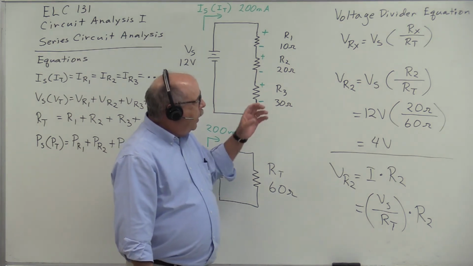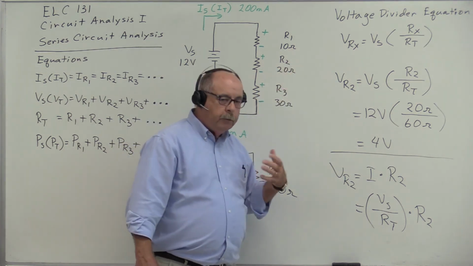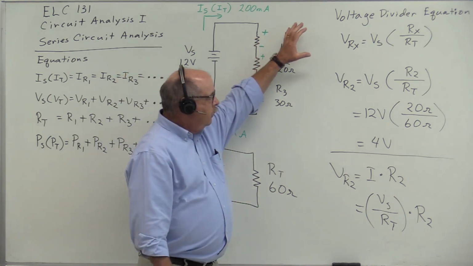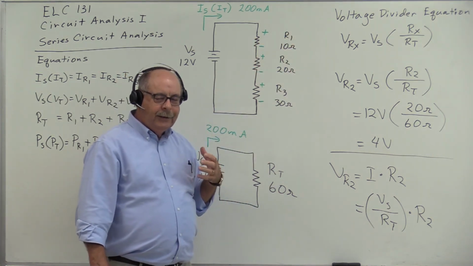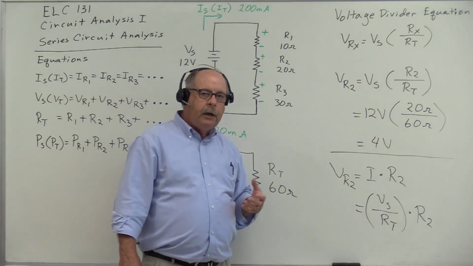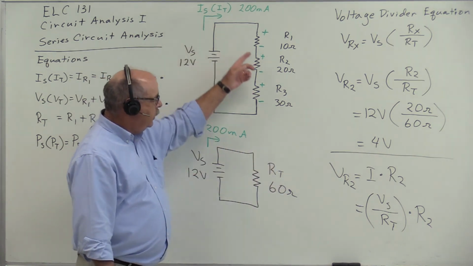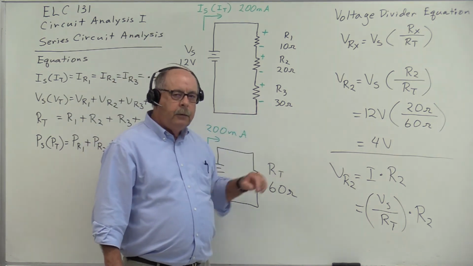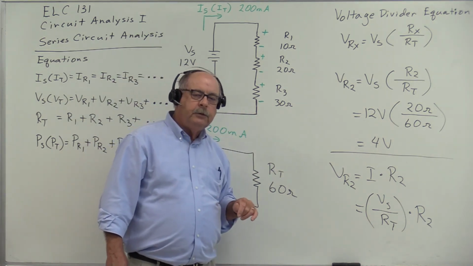But I'll make use of the voltage divider rule, the voltage divider formula, the voltage divider equation quite often because there's, again, many times that I'm not concerned with the current in the circuit and all I want to find is the voltage drop across an individual component.